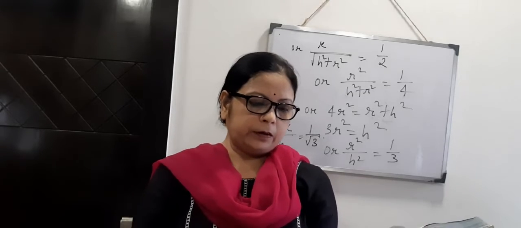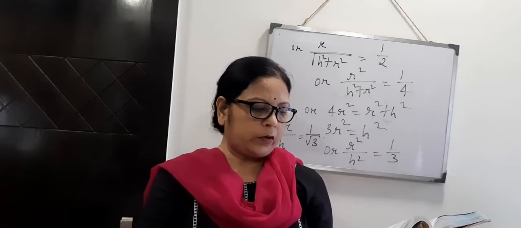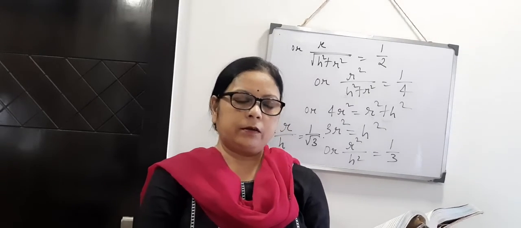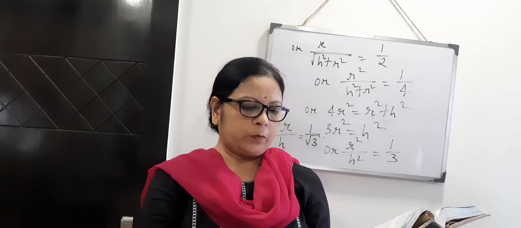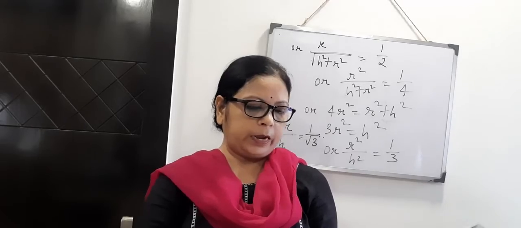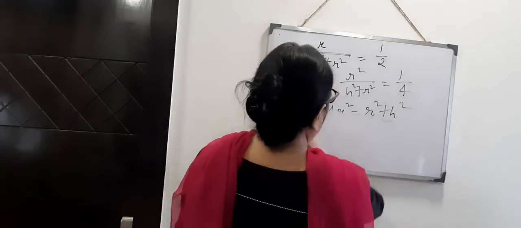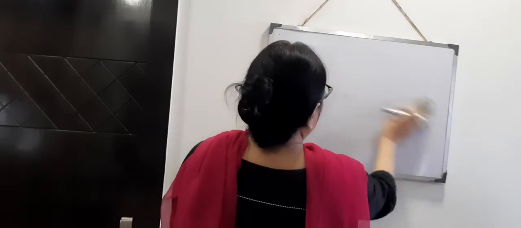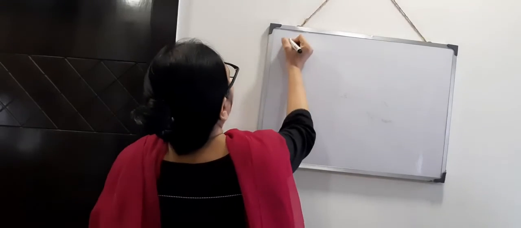Now last one. The base radius of solid right circular cone is equal to the length of radius of a solid sphere. If the volume of the sphere is twice that of the cone, then calculate the ratio of the height and base radius of the cone. Number 5.